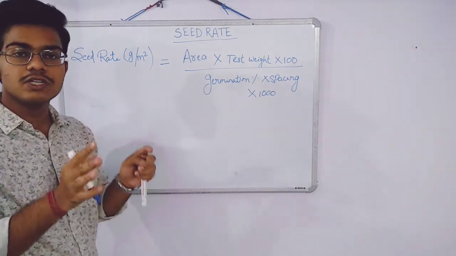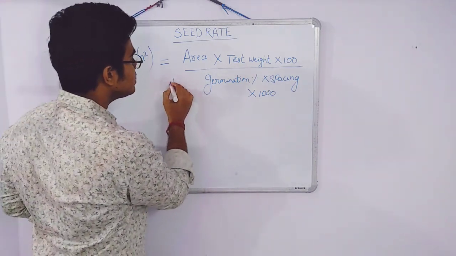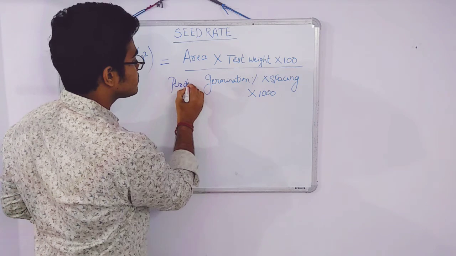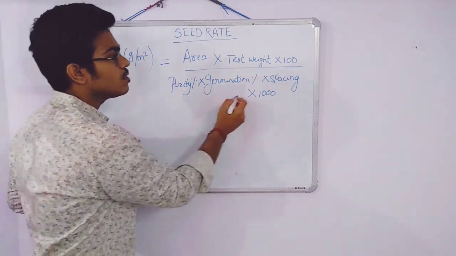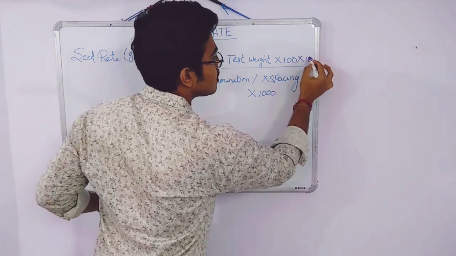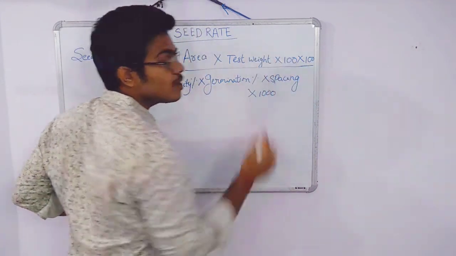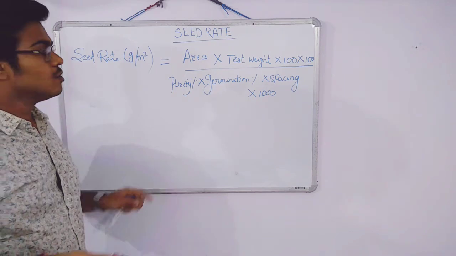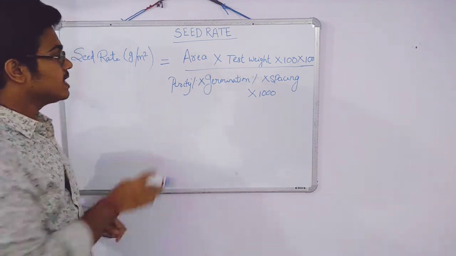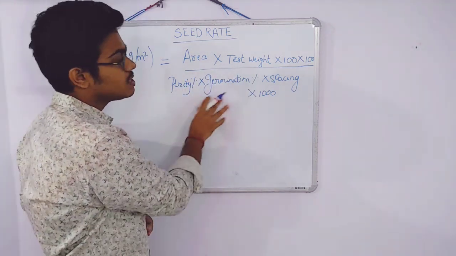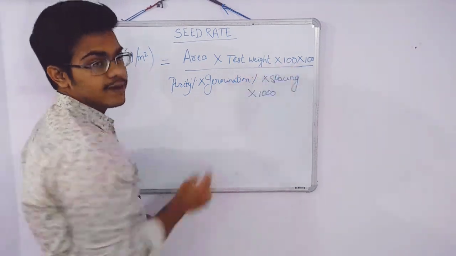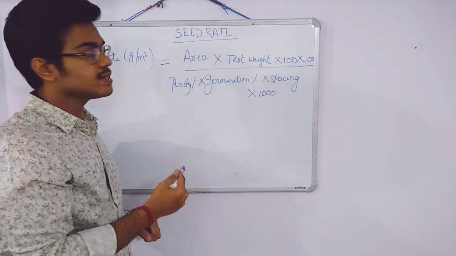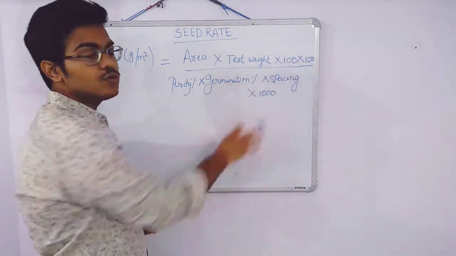If the question includes both the germination and purity percentage, then we can include one more 100 in this formula. So this is what we have to remember: if both germination and purity percentage are given in a question, then we have to multiply by two hundreds. If one is missing, then we have to delete one.